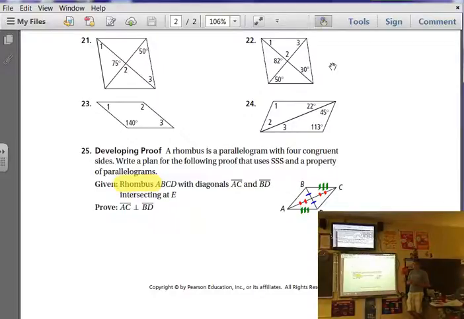There's something else I should notate first, though. You're right. You're on the right track. Because the diagonals are perpendicular. Ooh, we can't say that because we're trying to prove that. Oh, that's right. But Carmen was about to hit on what else I should notate. These are also congruent.